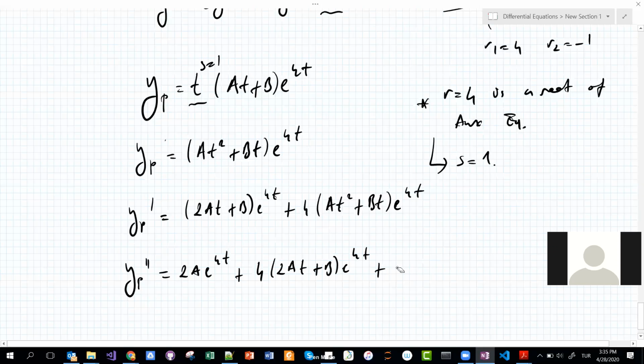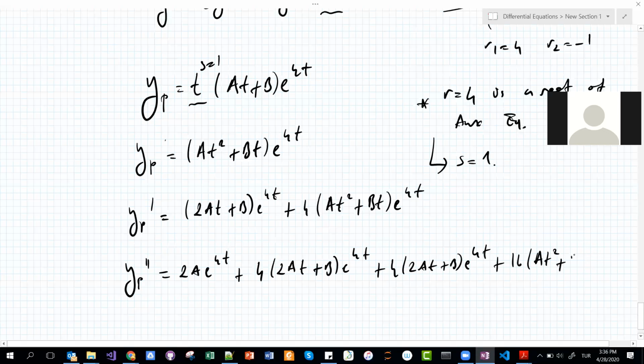Let me take the derivative of this one: it is going to be 4 times (2at plus b) again, e to the 4t, plus 16 at squared plus bt e to the 4t.